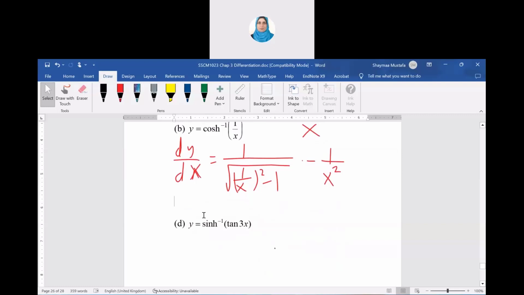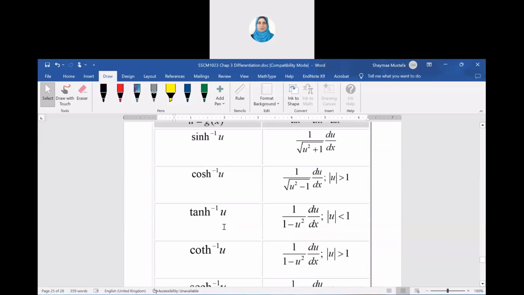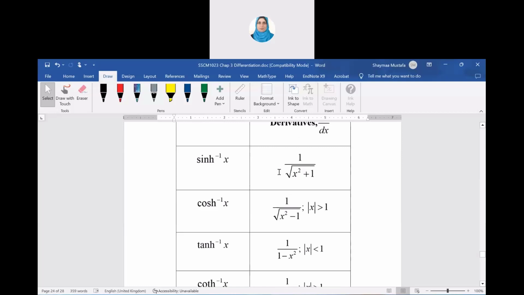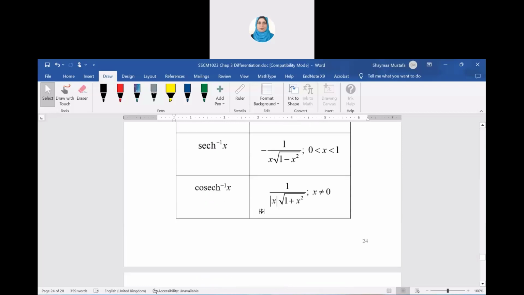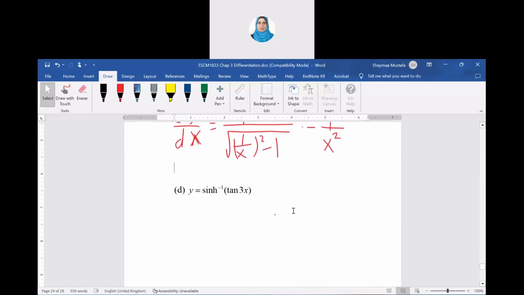Good. Okay, sine inverse tan 3x is also a composite between two functions. The first function is sine inverse x, so I have to go for the derivative of sine inverse: 1 over square root of x squared plus 1.